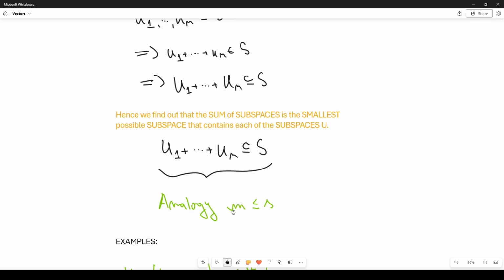So since it is the smallest, it is guaranteed to be less than or equal to any other number s that satisfies whatever given property we demand of it. So this is analogous to that, where less than or equal to here is being represented by being a subspace of a set. So this is the smallest subspace that contains each of these given subspaces separately.